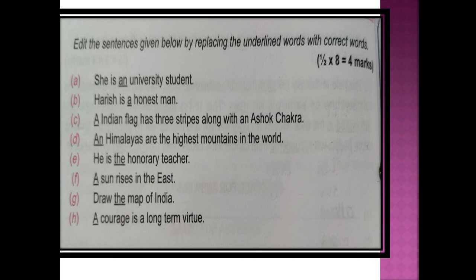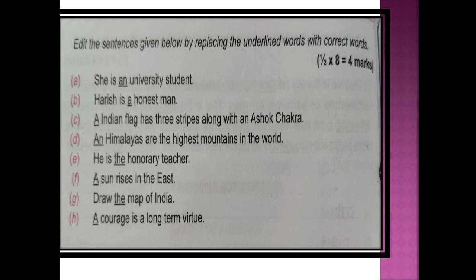Draw the map of India. No. Draw a map of India. You are going to use a here instead of the because we are going to draw a map, one map of India. So draw a map of India. Let's see the last one. Our courage is a long time virtue.